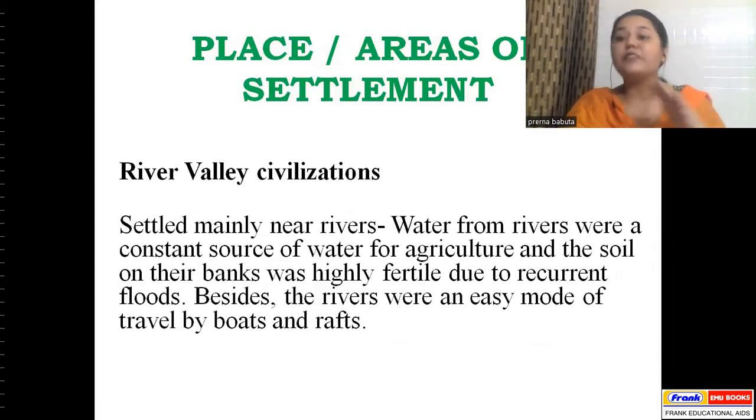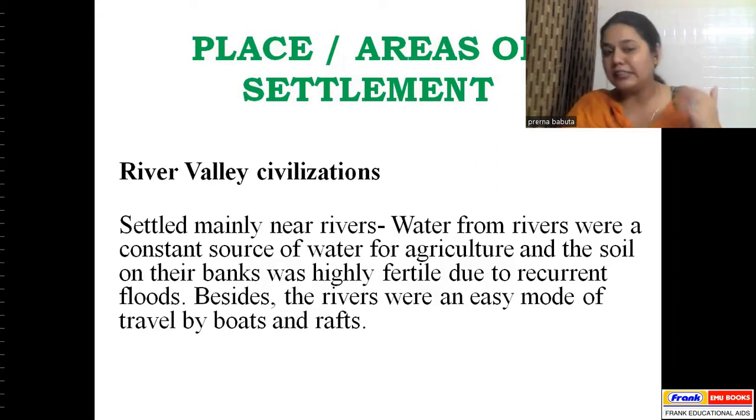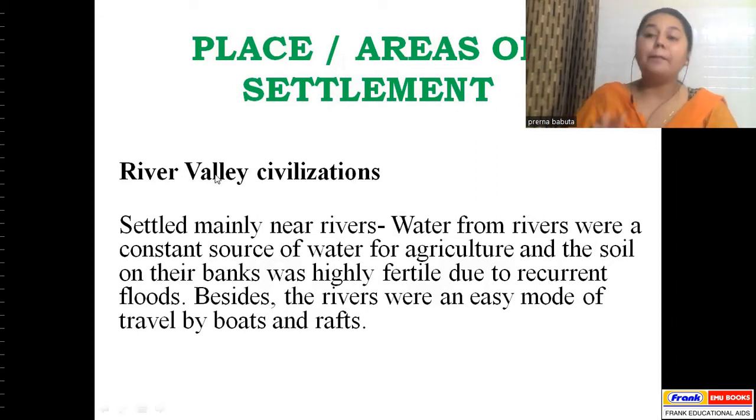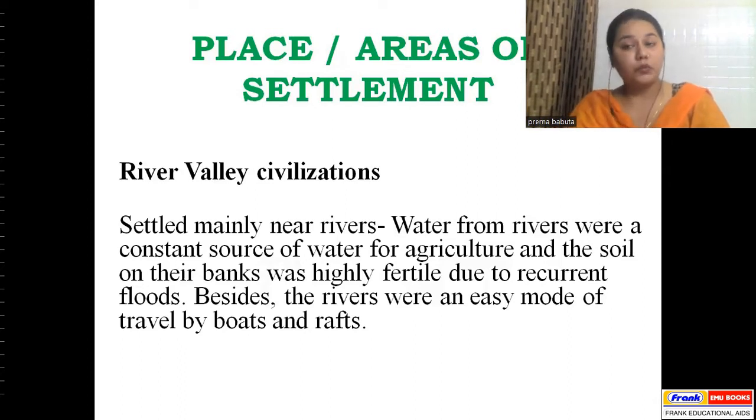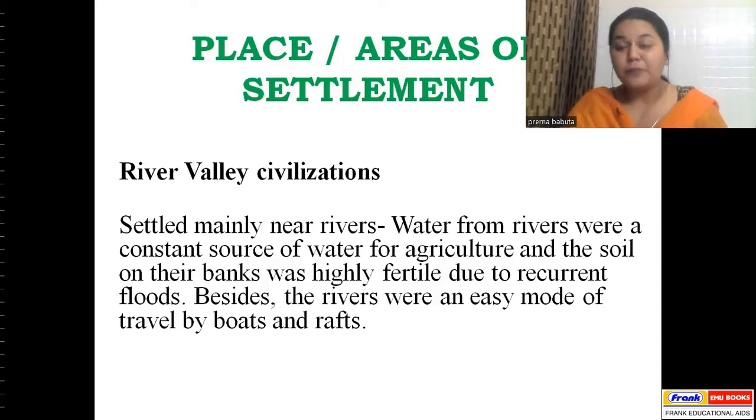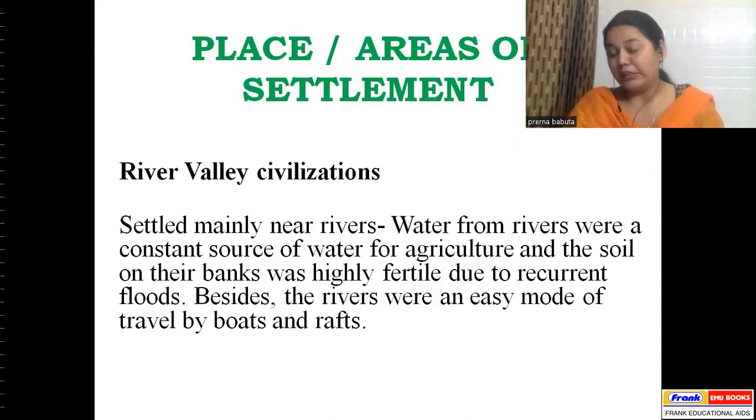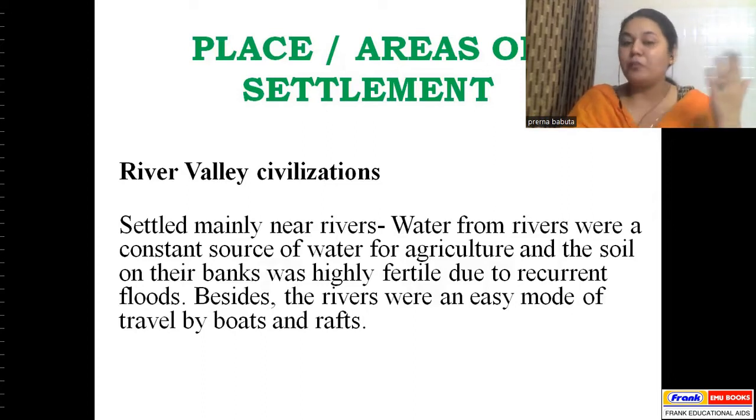Now, under this river valley civilizations were many civilizations. So man mainly settled near rivers. Why? Because what was the main occupation? Agriculture, correct? And because agriculture was the main occupation, man knew that water was something that he really needed in abundance. So where would he get water in abundance from? From the rivers or from the water bodies.